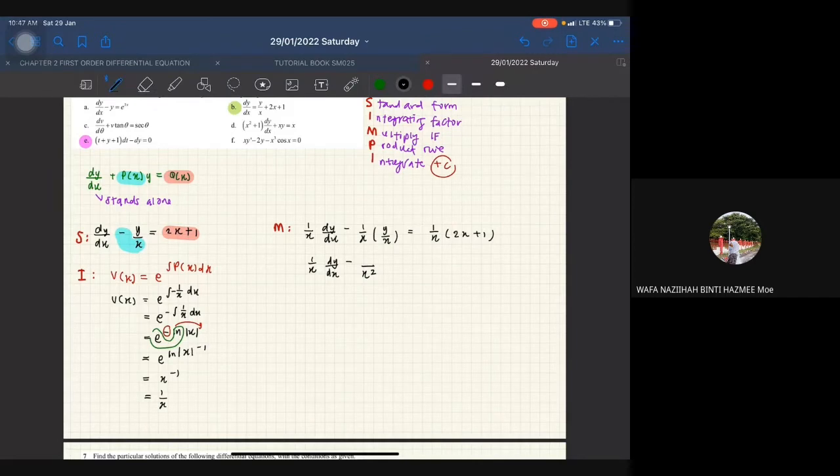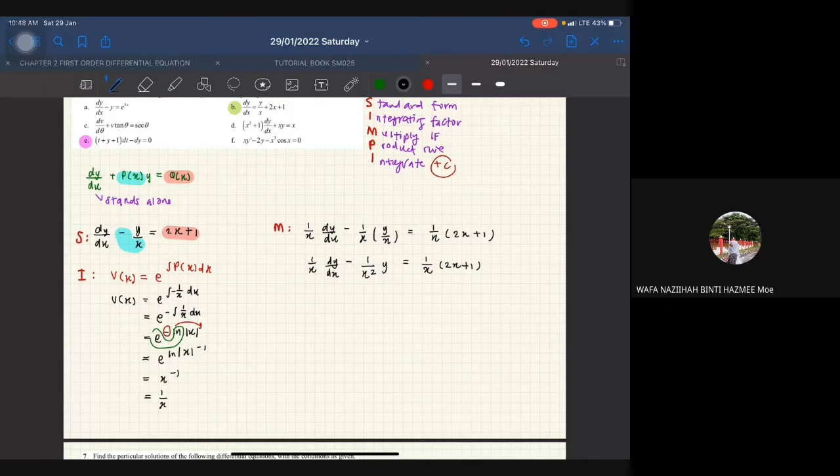So saya pisahkan 1 over x square y, which is equal to 1 over x (2x plus 1). Okay, settle. Sampai sini ada soalan tak? Boleh faham ke? Faham. Okay, good.